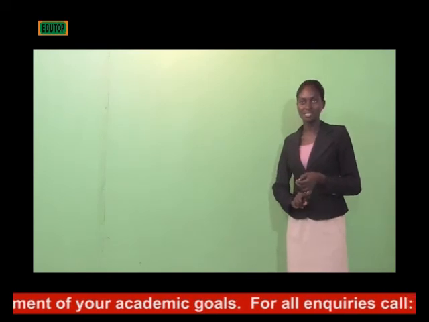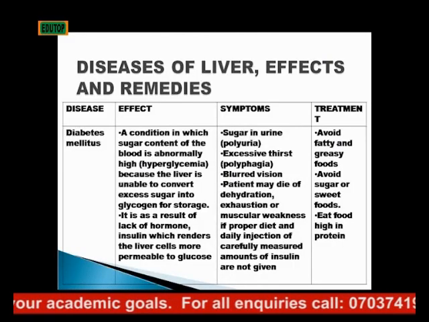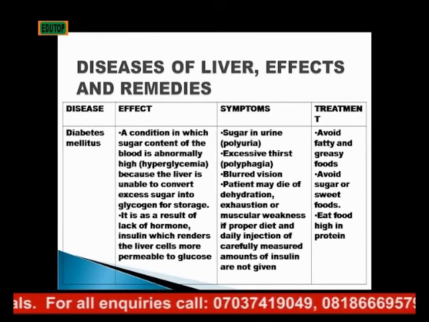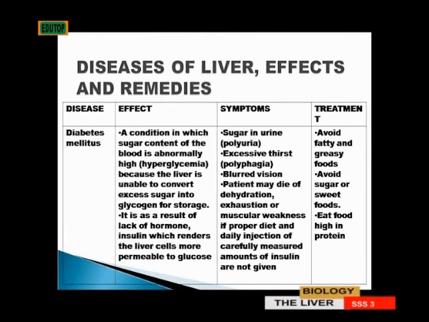Then the third disease is diabetes mellitus, and this is a condition in which the sugar content of the blood is abnormally high, and that is called hyperglycemia. The blood sugar is abnormally high because the liver is unable to convert excess sugar into glycogen for storage.